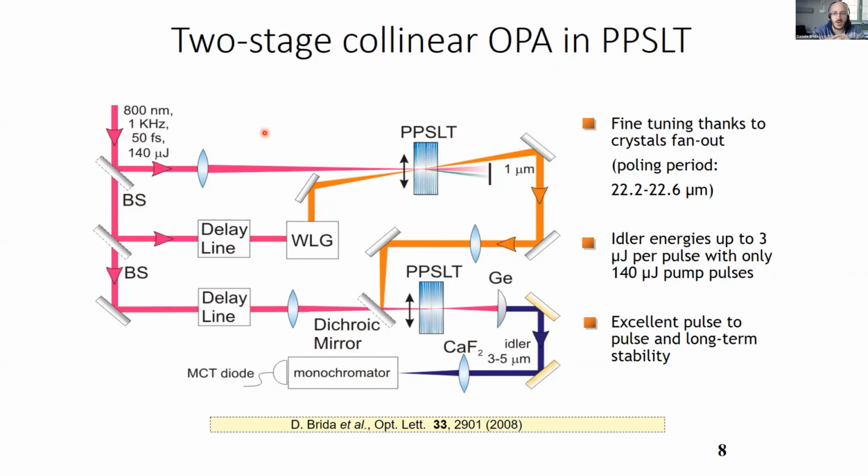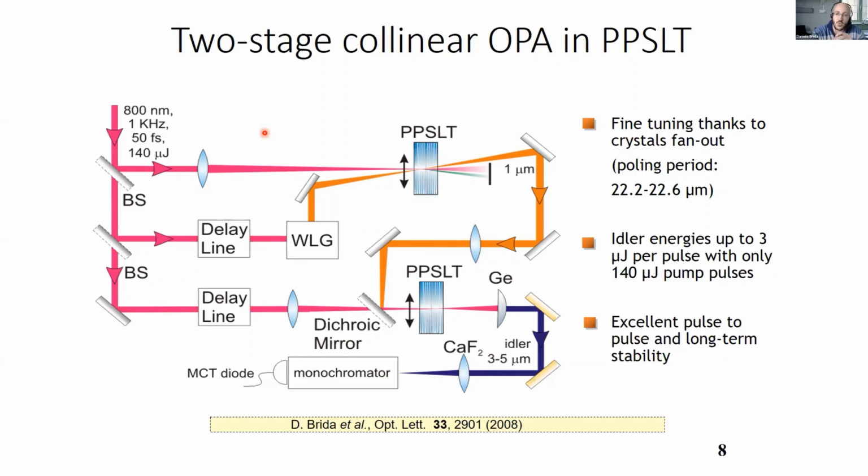So let's say that you have a 1 degree focusing angular aperture in the focusing pump beam. The idler intrinsically will have 5 degrees if you go from 800 nanometers to 4 point something micron.